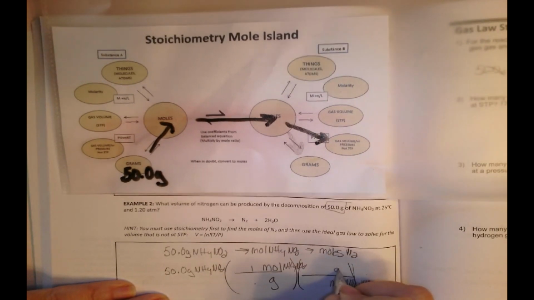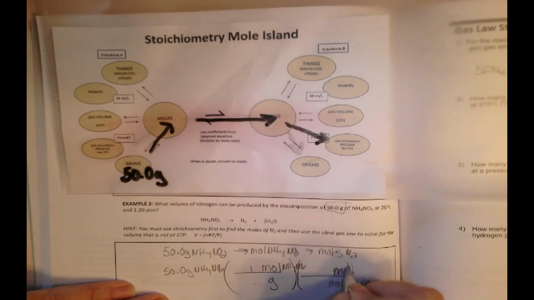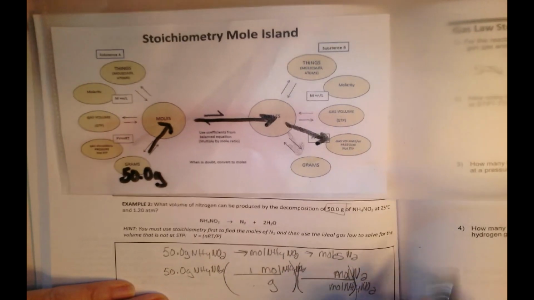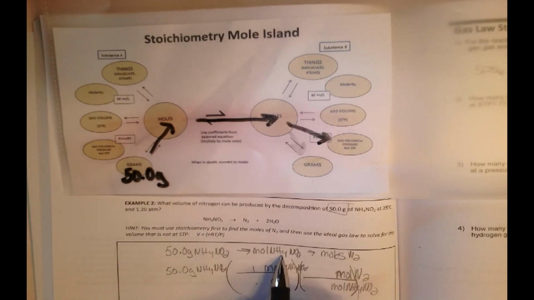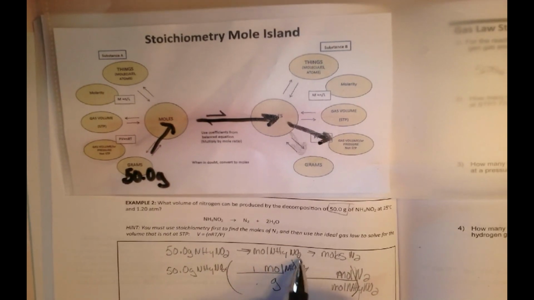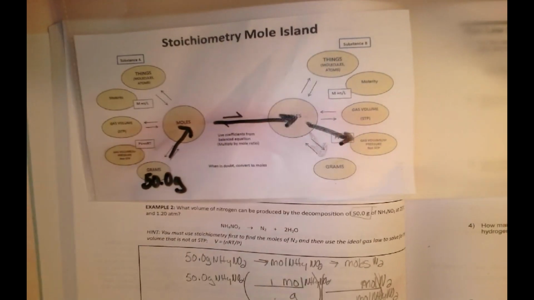And I'm going to moles of N2, okay? So I have to add up nitrogen, 4 hydrogens, another nitrogen, and 2 oxygens. So my molar mass of ammonium nitrite is 64.06 grams per every 1 mole.